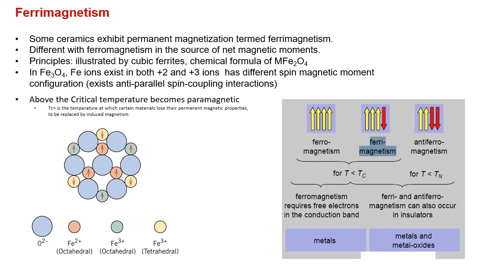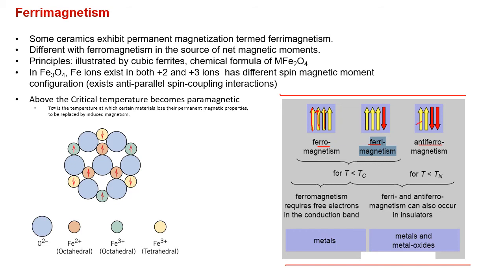It will be easier if we take a look at this figure, showing the difference between ferro, ferri, and antiferro. For ferro, all the dipole moments in the material are in one direction. But for antiferro, the directions cancel each other.